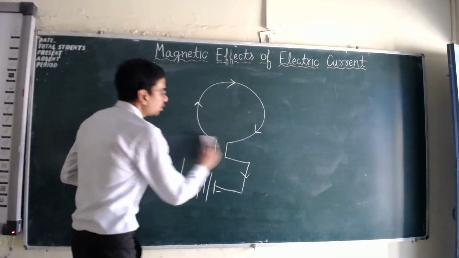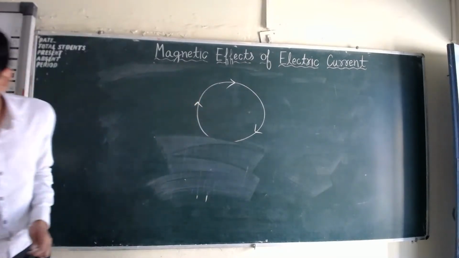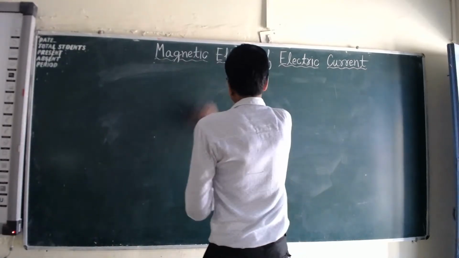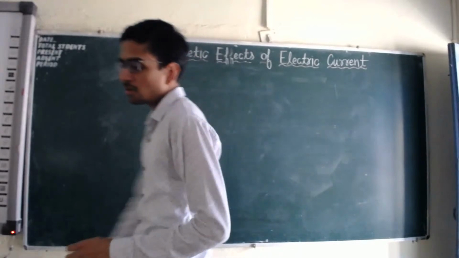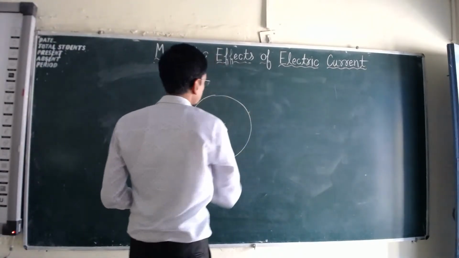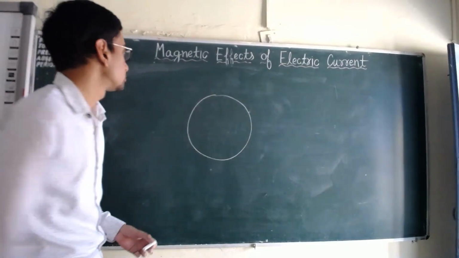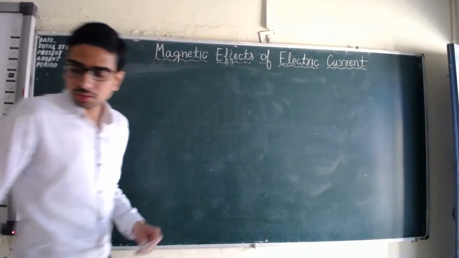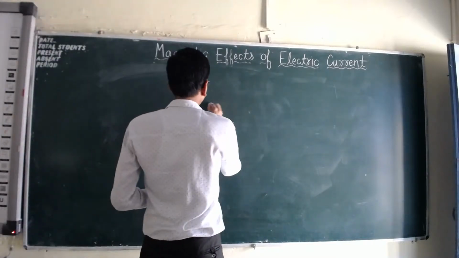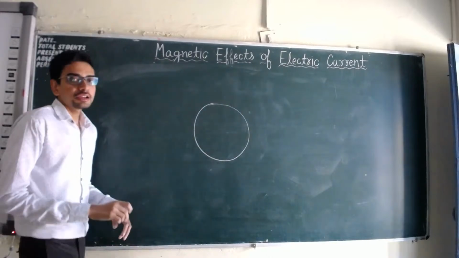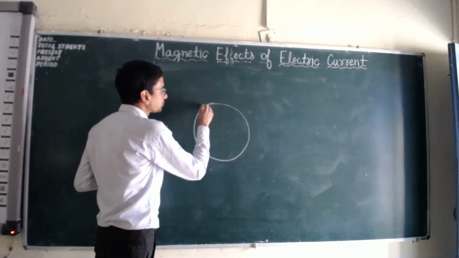So now let's draw only the wire. सिर्फ wire को draw कीजिए. Draw a circular wire like this. The direction of current is clockwise.